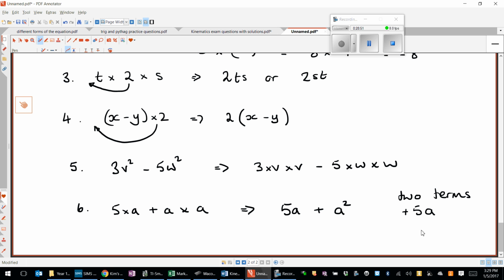Remember we said like terms are when they've got the same letter. It's not always true, because a and a squared are different. They can't go together. They're separate terms.